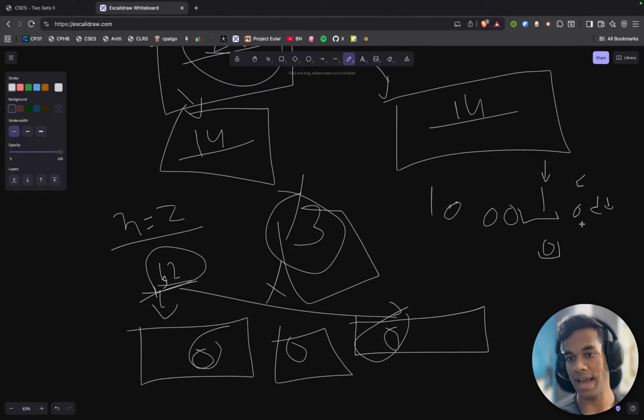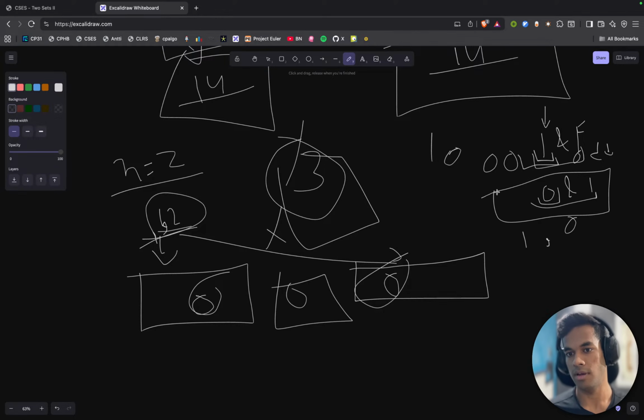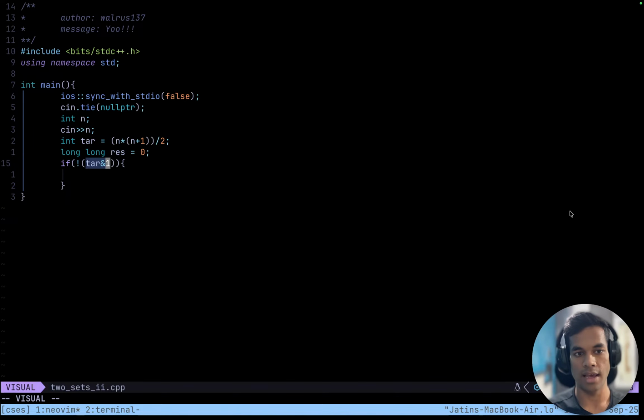When we take the and of a number with 1, if the last digit is 1, we get 1. If the last digit is 0 and we take its and with 1, then we get 0. So a number should be even when the last digit is 0, and if I take the and with 1, I will get 0. Here is the same thing that I'm checking. If I take the and of tar with 1 and I get a 0, then it should be even, and if that is the case, then it should be possible.